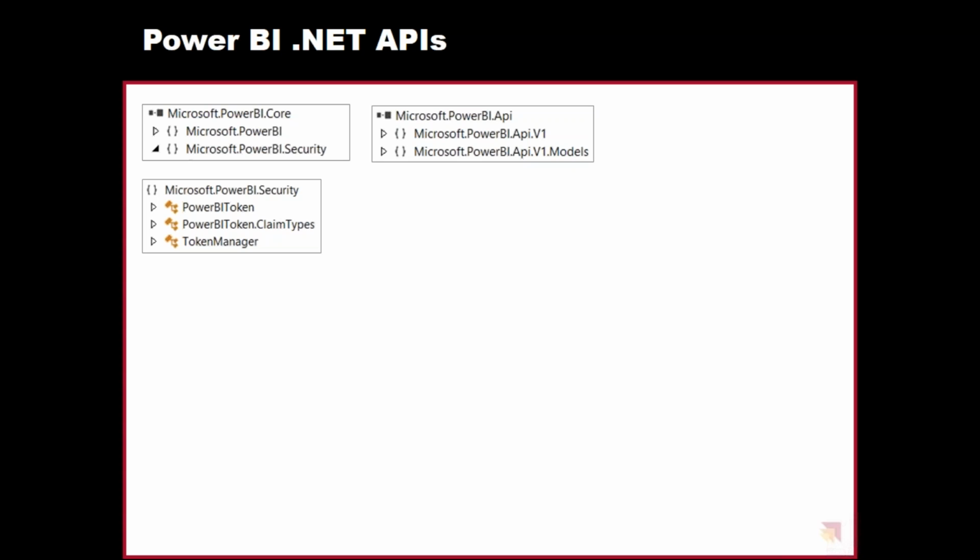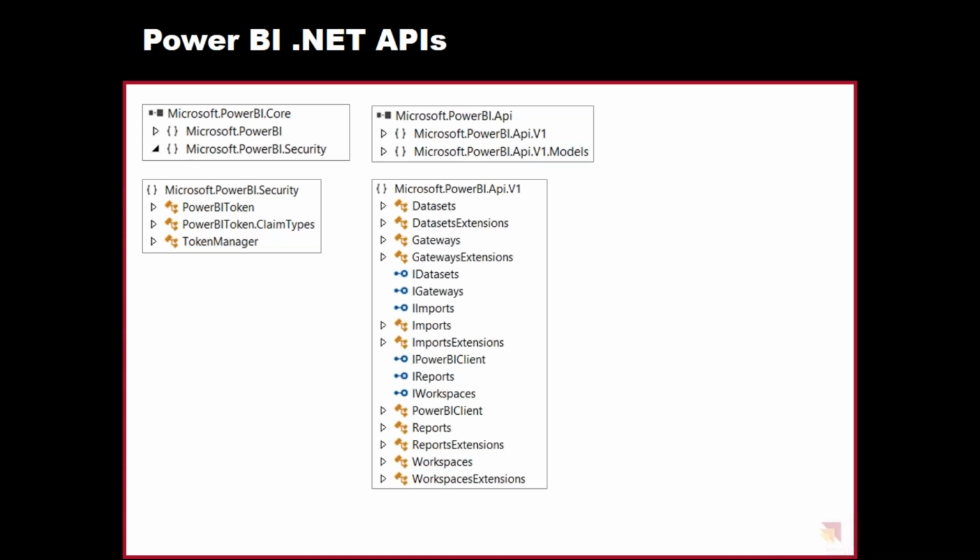Note that everything we're using these days is scoped inside of a namespace that has V1. The idea is that they can release V2, make big changes without breaking any of our code. But what you're going to see is that when you look at the API.V1, you have things like datasets and imports. The idea of an import is if you take a PBIX file and you upload it, that's an import.